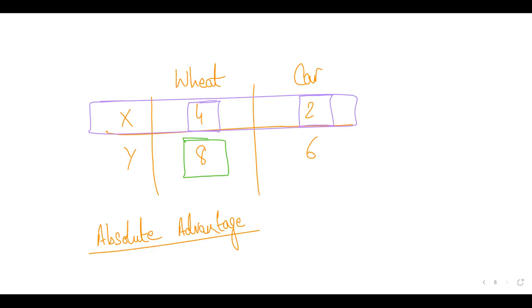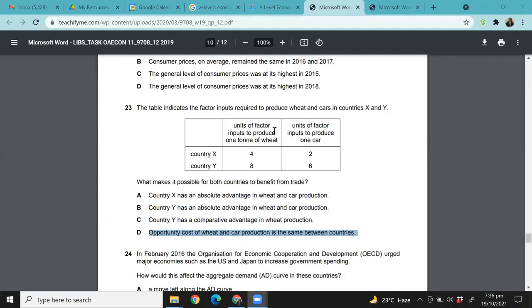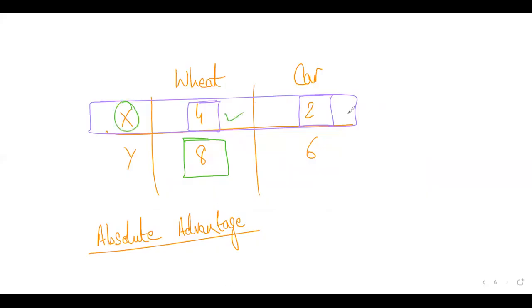This is always tricky, so you have to be careful. Units of input to produce 1 ton of wheat. If you require fewer units to produce something, this means your cost of production is less. So in both cases, since country X needs fewer inputs to produce wheat and cars, X has absolute advantage in both goods.